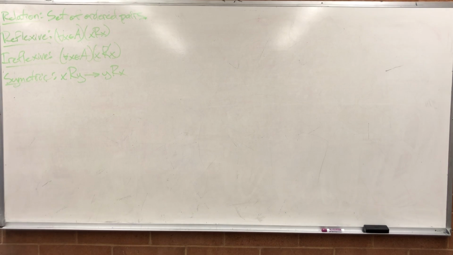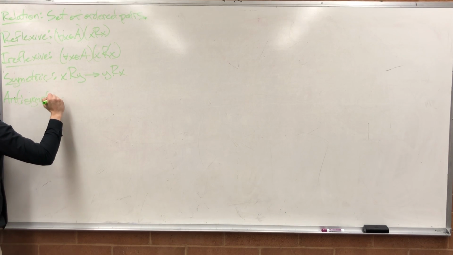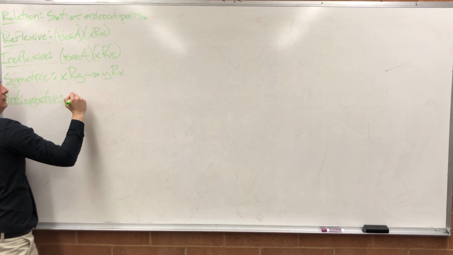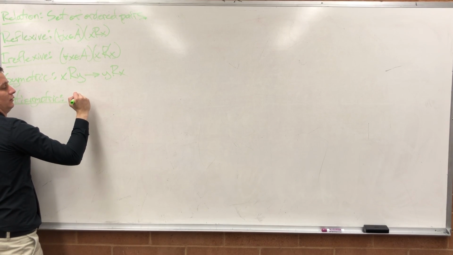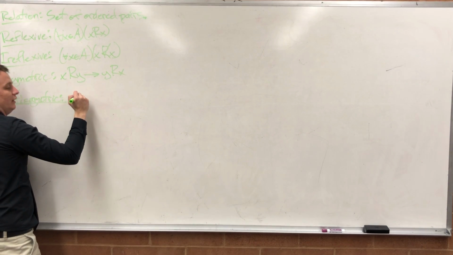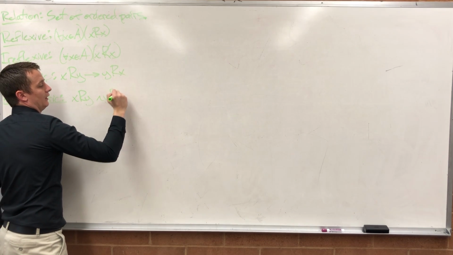What else do we have? Antisymmetric. What was that? If x is related to y and y is related to x, what does that imply?